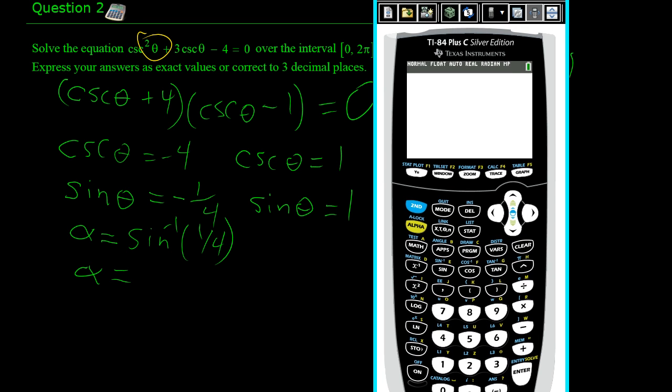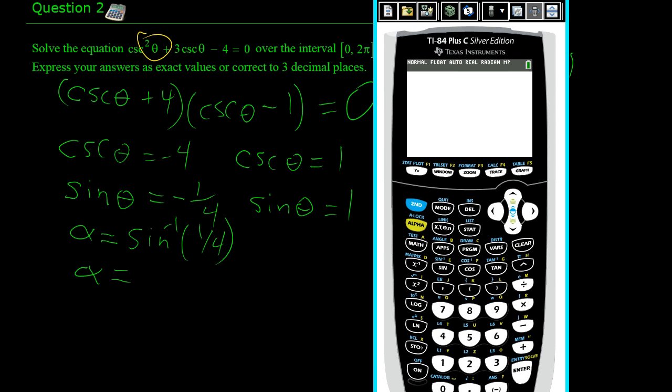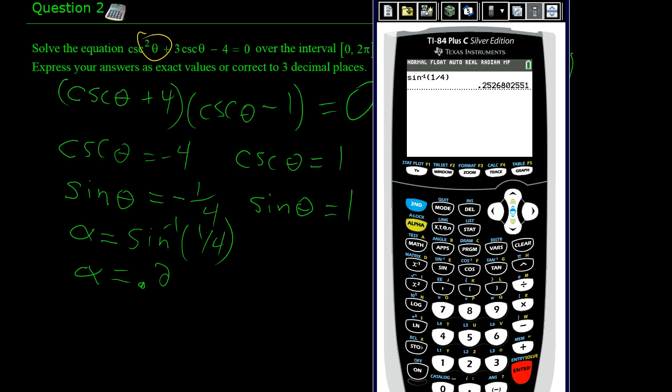So I'll bring my calculator over. I want to make sure my mode is radians, and you can see that it is. So that's good. Now I will go second function, sine, in brackets 1 divided by 4. Close my bracket, and my reference angle is 0.25268.